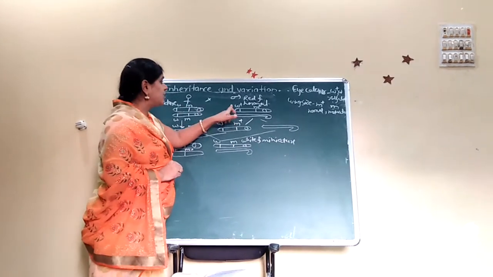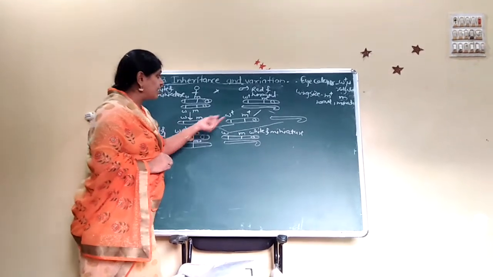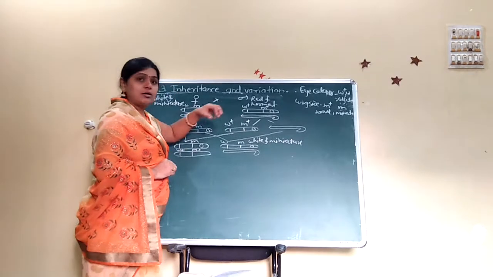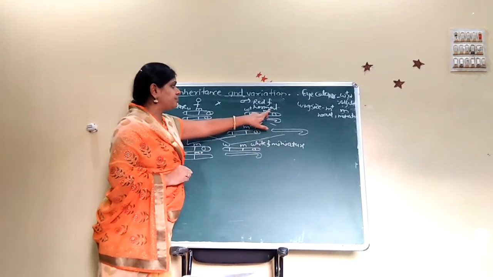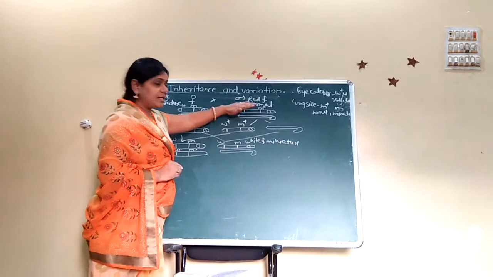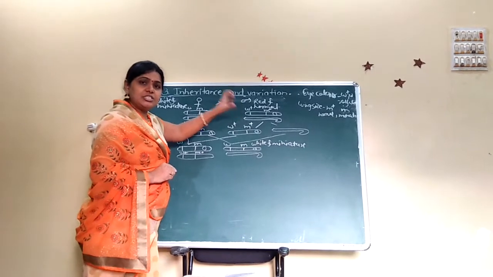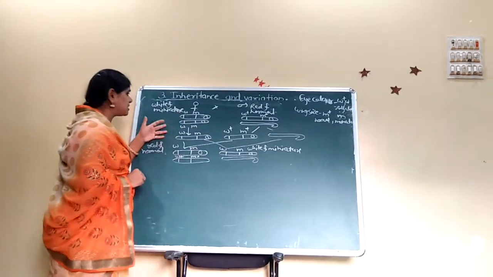Male shows red, which is dominant over the white, that is W plus, and normal is dominant over the miniature, that is M plus here. This is the dominant trait and this is the male. The Y chromosome does not show any gene of that trait here. Here the gametes are formed.